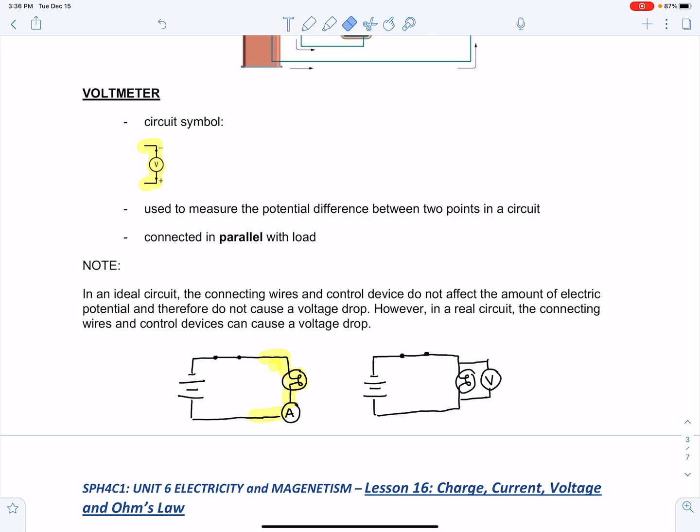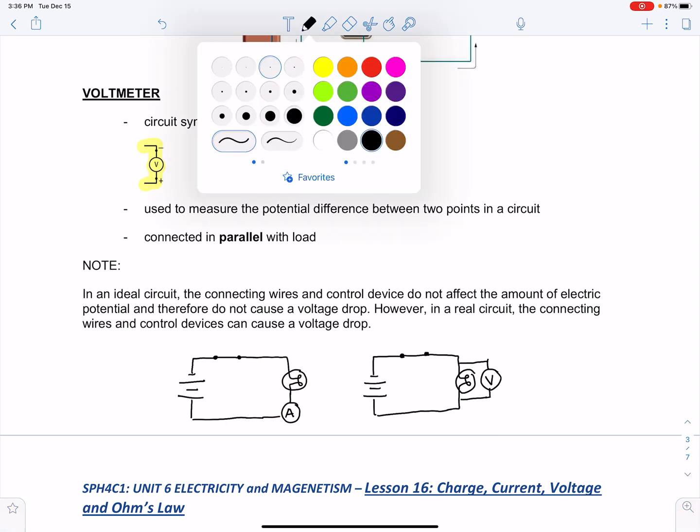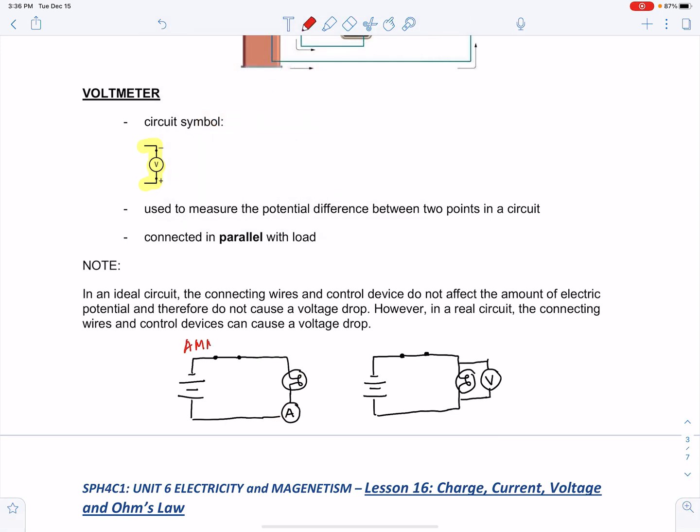So the ammeter is connected in series, and the voltmeter is connected in parallel.